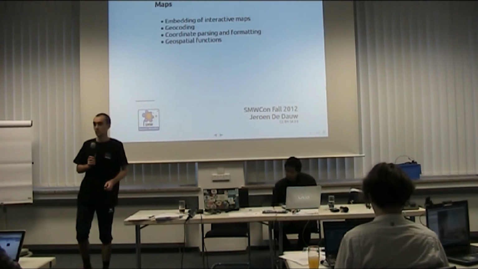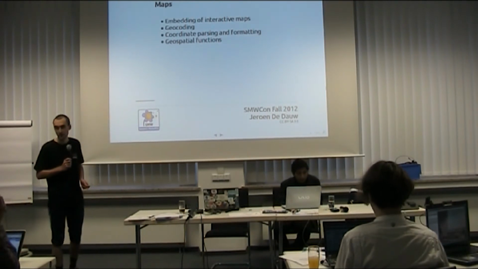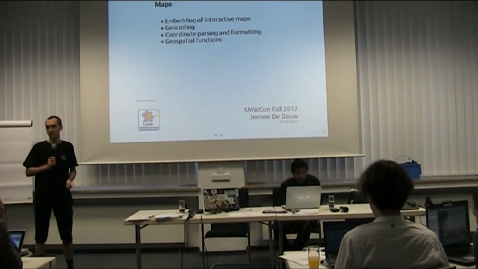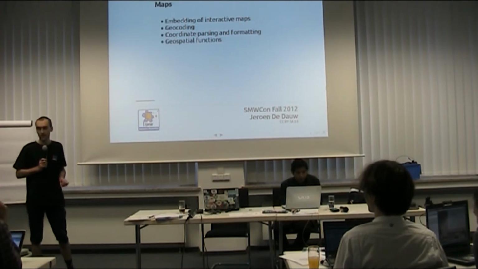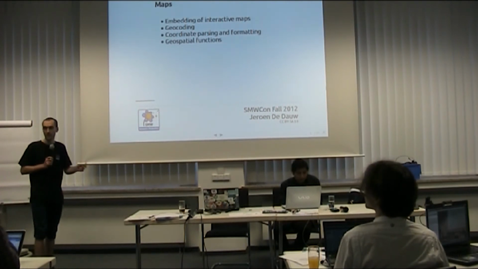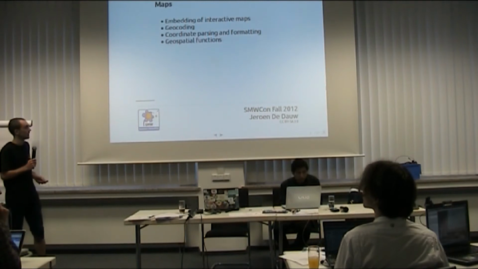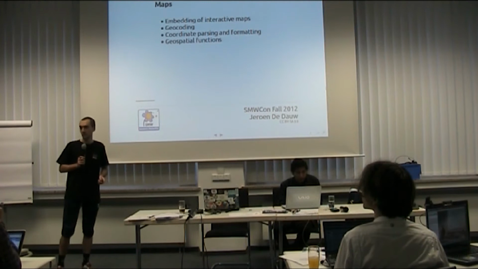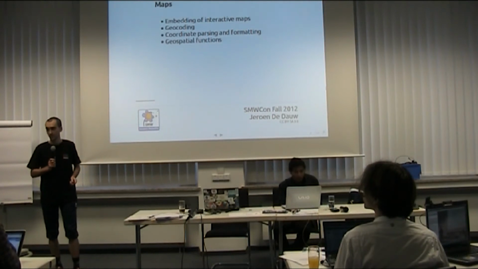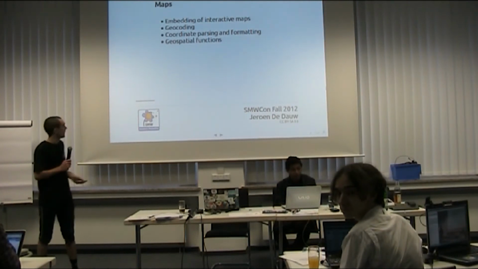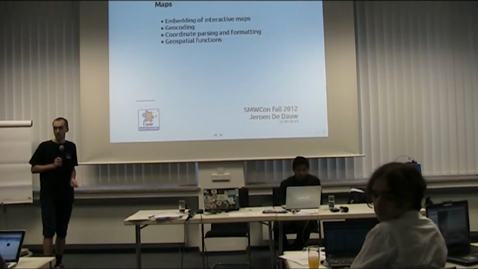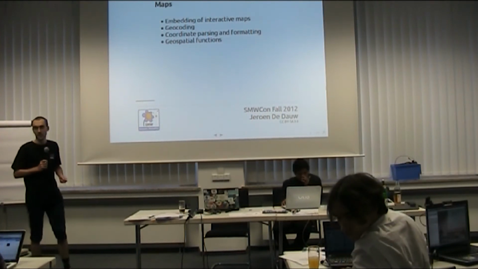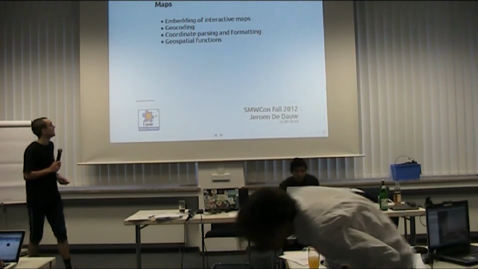Maps allows you to do a bunch of different things. Its foremost purpose is to allow you embedding of dynamic maps, such as Google Maps or OpenLayers, into your MediaWiki. It also supports geocoding, which is transforming addresses into actual coordinates, which you can just feed to a parser function and get the coordinates back for some purpose.